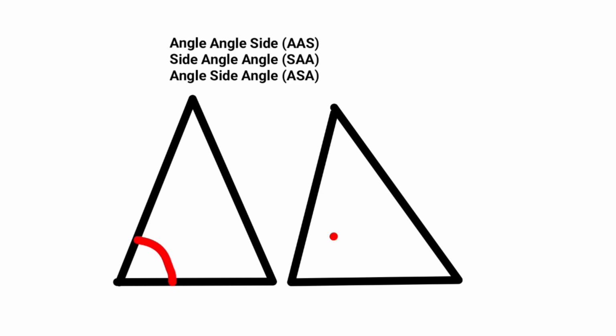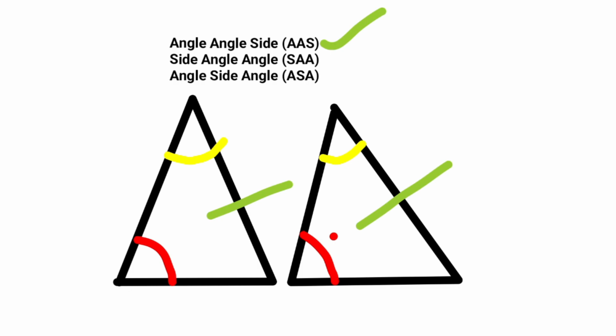So this angle and this angle, and then the top angle and the top angle, and then one side must be the same. So we can just have this side, and in that way we'll have satisfied the condition at the top to say we have two angles and one side.